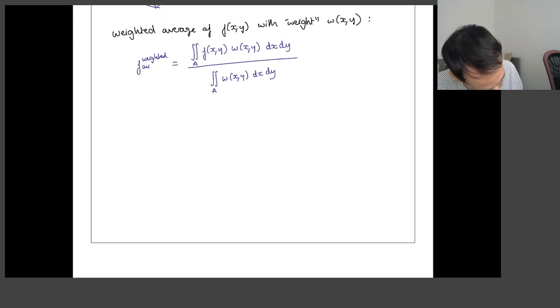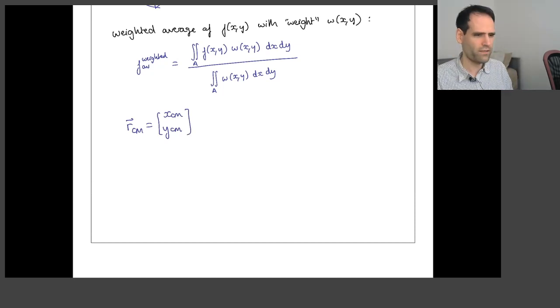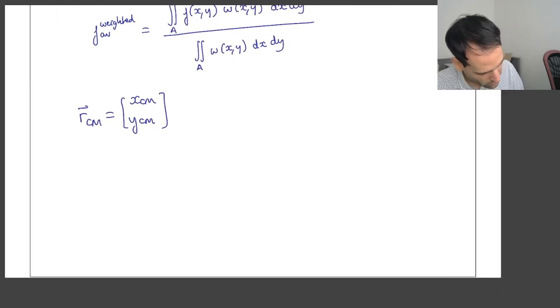Okay, so let's say that the center of mass is equal to the center of mass in x and the center of mass in y. Okay, so now the center of mass along x, so let me write this.